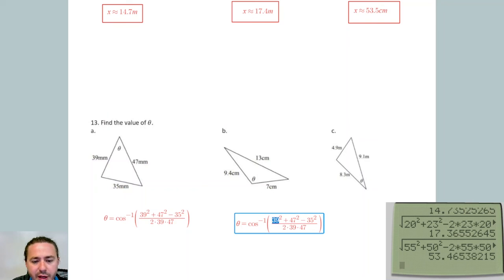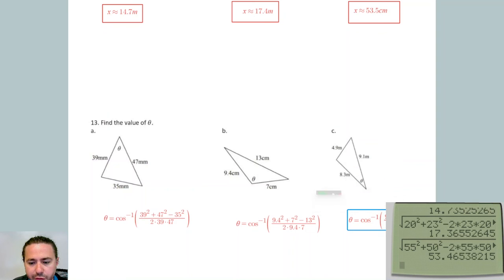For letter B, theta is right here, so the side opposite to it is the 13, so this one needs to be the 13, and then these other two are going to be 9.4 and 7. And then for our last one, looks like our opposite side is going to be the 4.9. And the other ones are going to be 9.1 and 8.3.